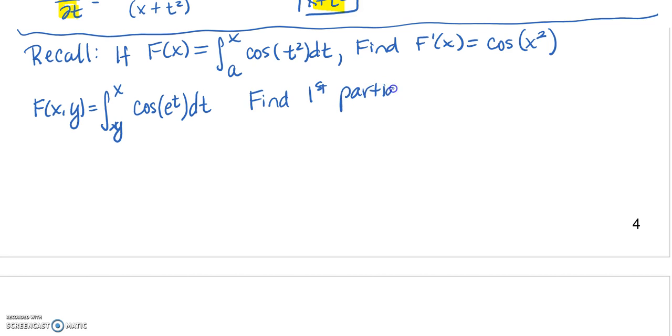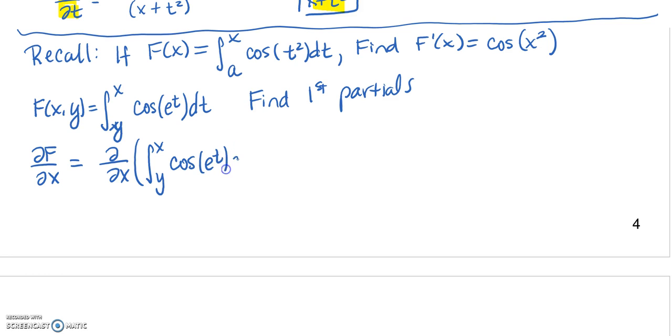So that means that I am looking for the partial of f with respect to x. I'm going to take the partial with respect to x of the integral from y to x of cosine of e to the t dt. Now, since this is a partial derivative with respect to x, we treat y as though it were a constant.